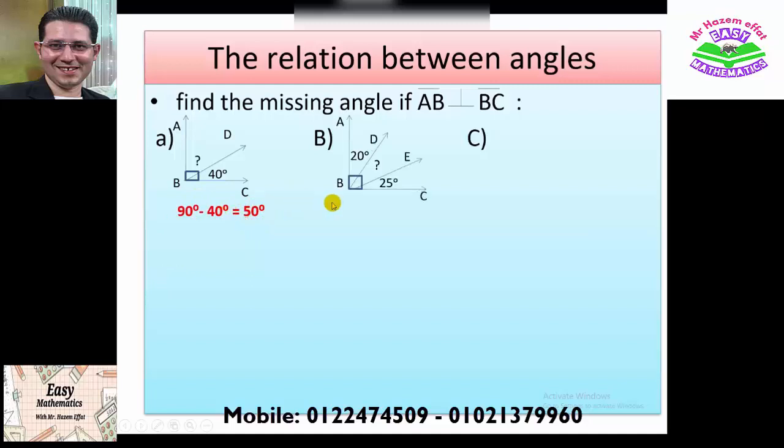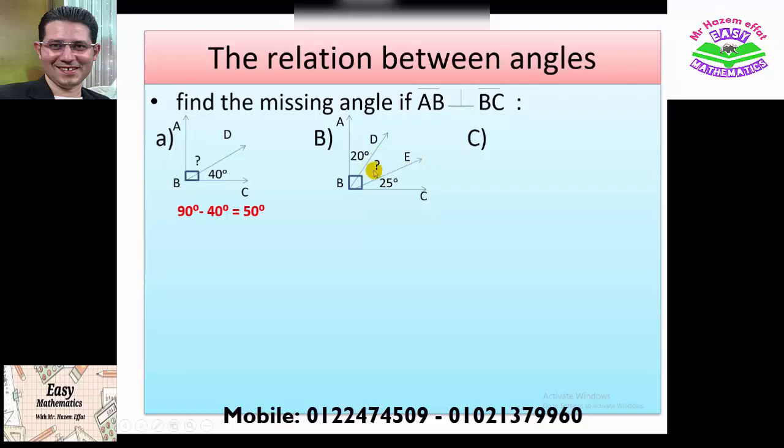Exercise letter B. Also here, AB is perpendicular to BC, which means there is a right angle. ABC equals 90 degrees. And he gave me angle ABD equals 20 degrees and the measure of angle EBC equals 25 degrees, and asked me to find angle DBE.